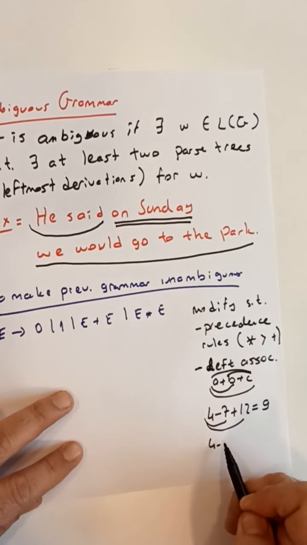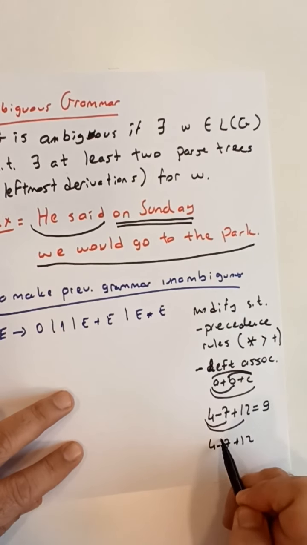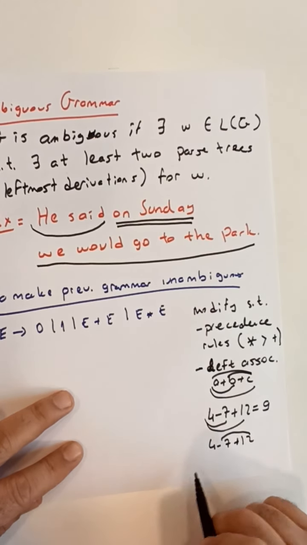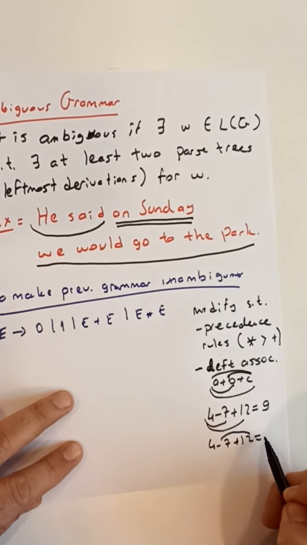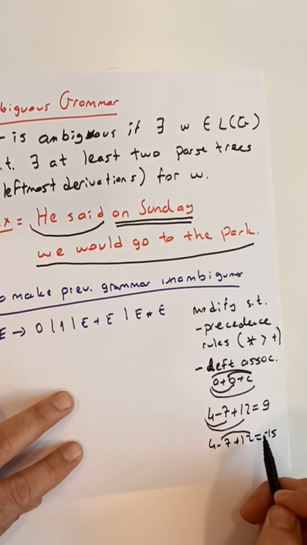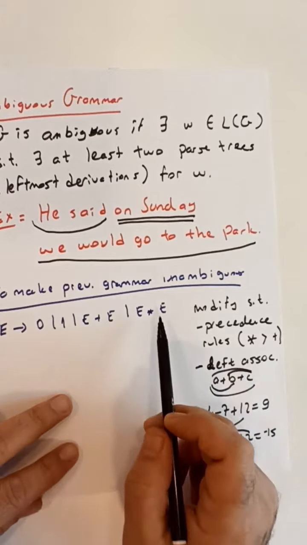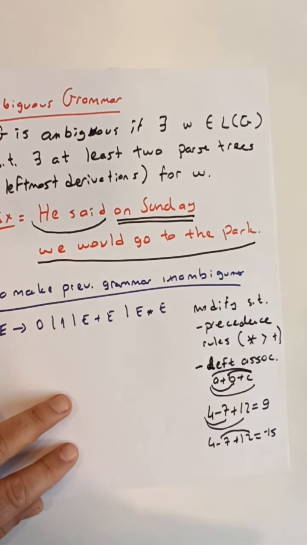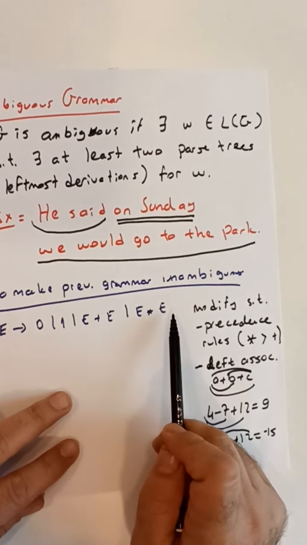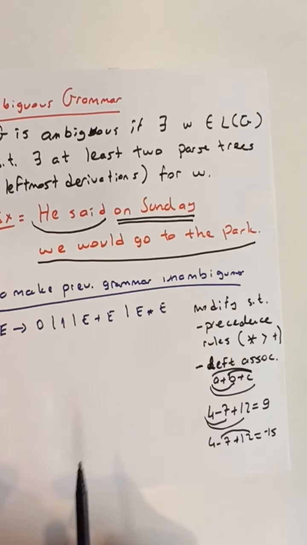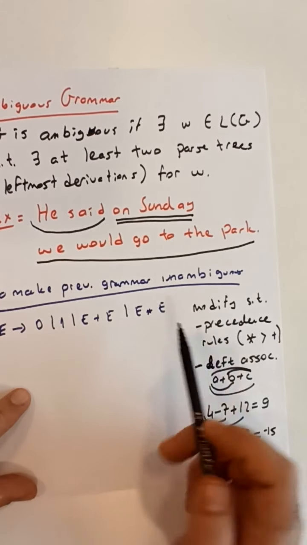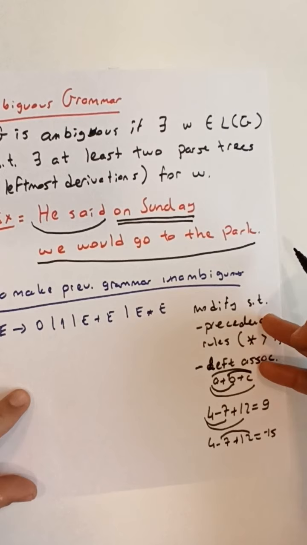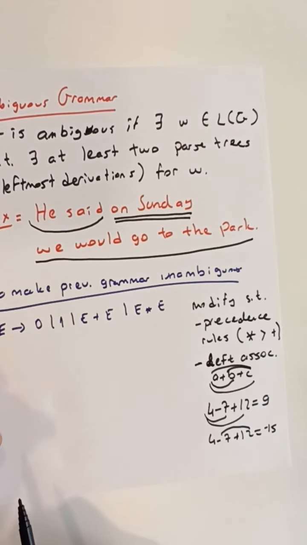With the right associativity, I would have 7 plus 12, which is 19, 4 minus 19, which is minus 15. So we can see that implementing the associativity rules in general will be important. So how can we fix such a grammar so that we apply these two rules?